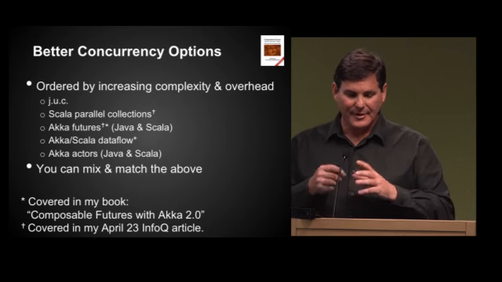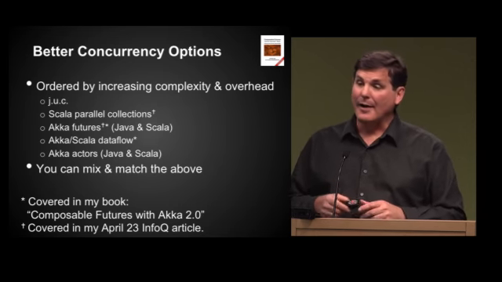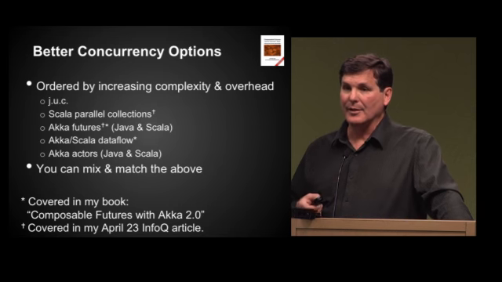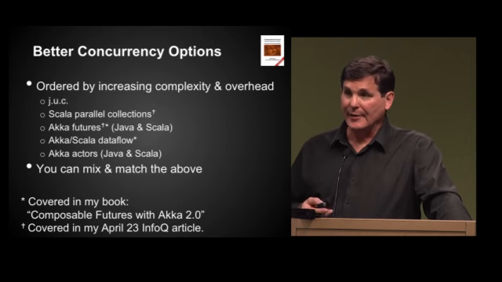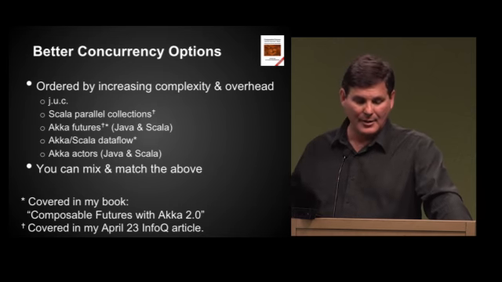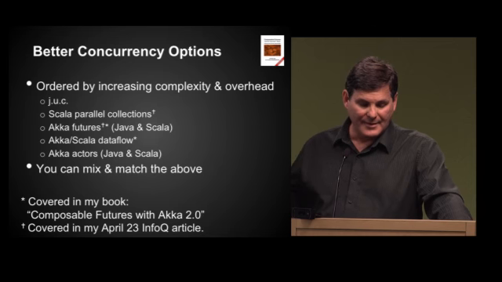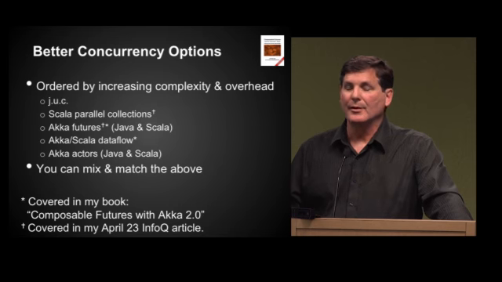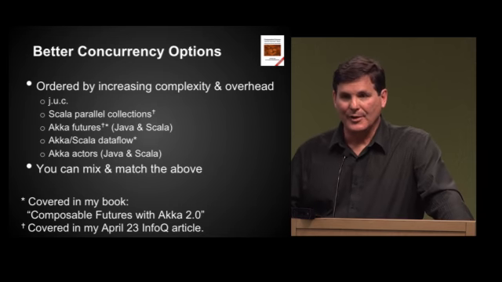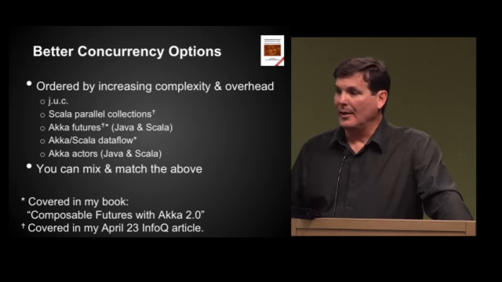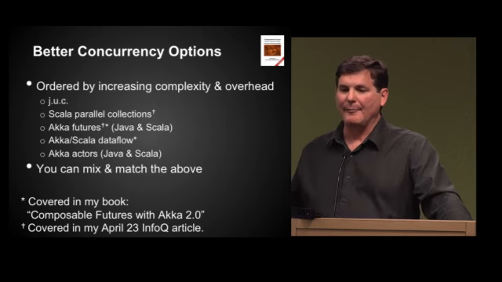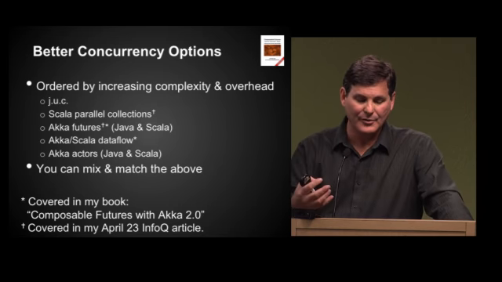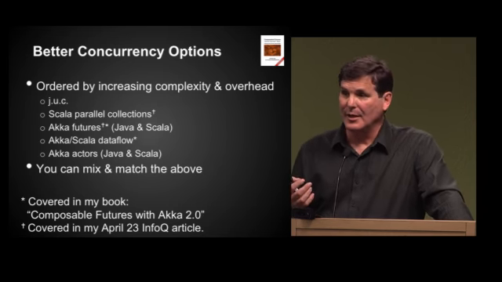It's very simple. I've got an article coming out next week on the 23rd in InfoQ magazine, and I'm going to be talking about Scala parallel collections and Akka Futures. So Akka Futures, and they're very similar in many ways to Twitter Futures, are the next step. They have many characteristics that are similar to Scala parallel collections.